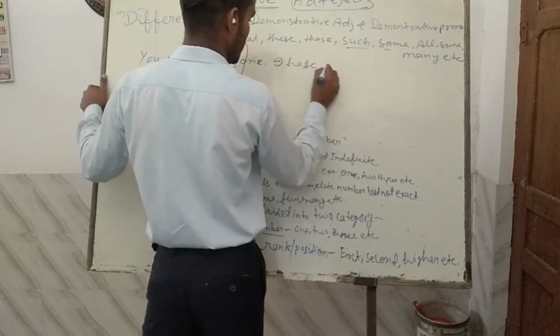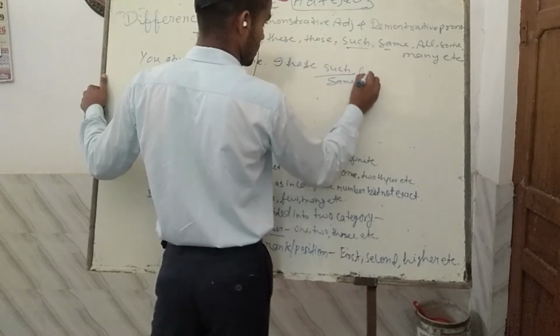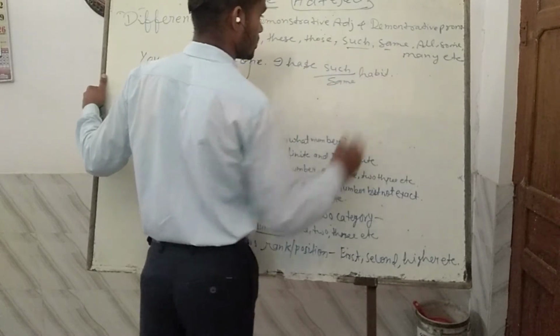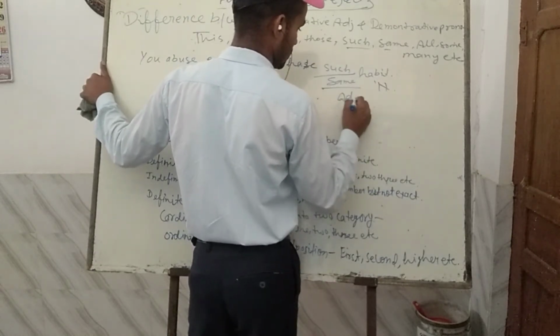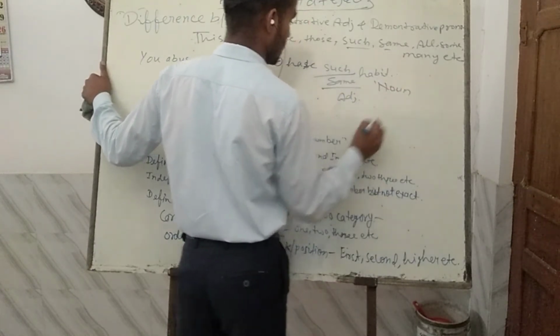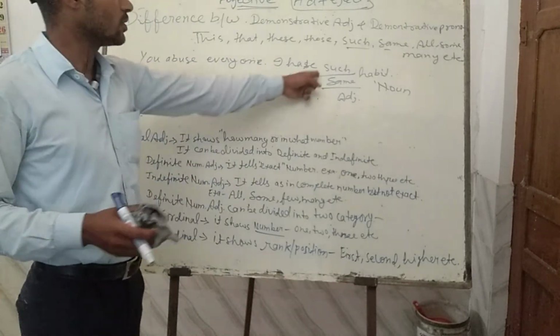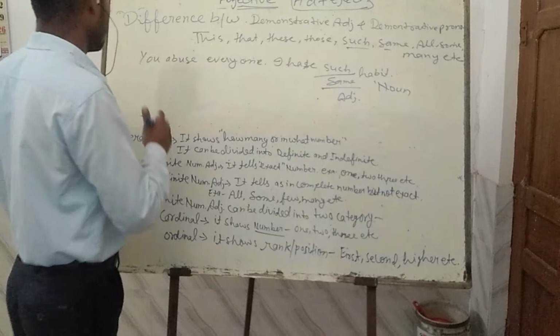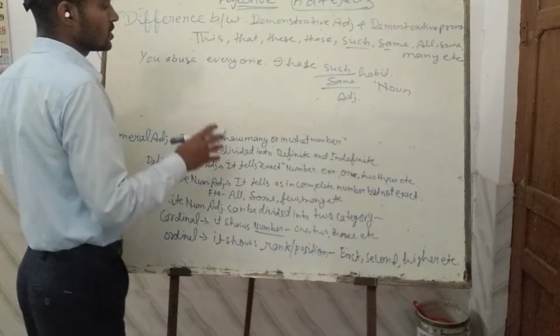I hate such a same habit. In one line I want to explain: this is the adjective, this is the noun. But if you want to use these words such and same as pronoun, then you shall have to say: you abuse everyone.